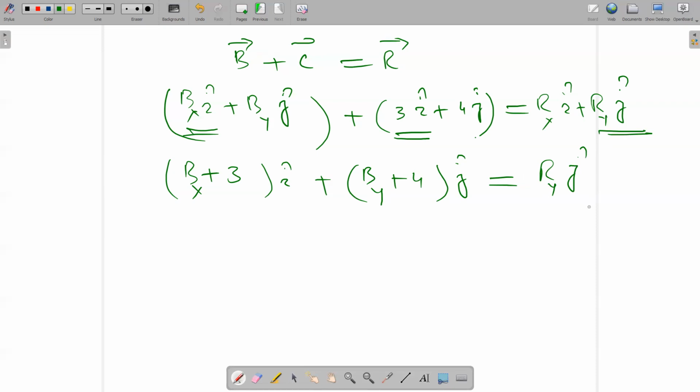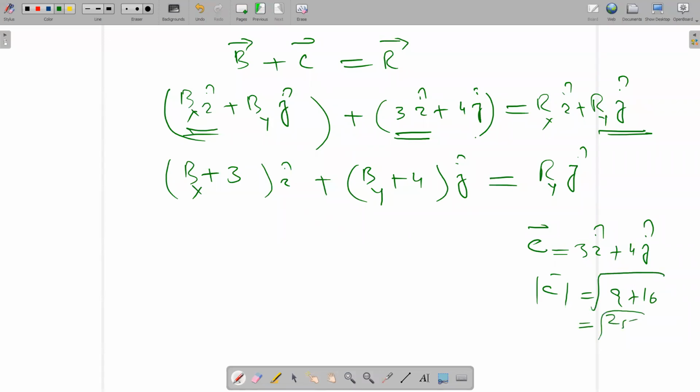C vector is 3i plus 4j, and its magnitude is the square root of 9 plus 16, which is the square root of 25, equal to 5. So the magnitude of this component is equal to 5. So what we will do? Here you can see that Bx plus 3 is equal to what?